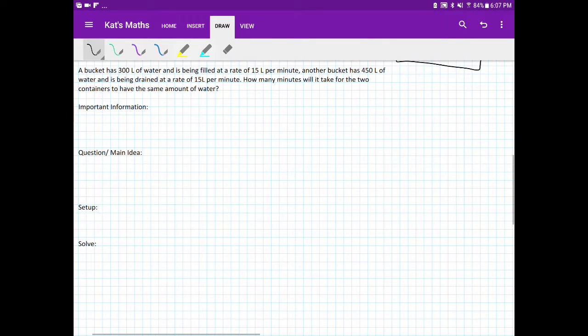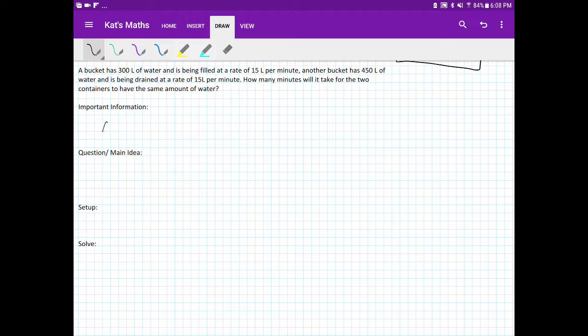Next, we have a bucket of water. It's got 300 liters in it, and it's being filled at a rate of 15 liters per minute. Then we have a separate bucket that has 450 liters of water, and it's being drained at a rate of 15 liters per minute. And it wants to know how many minutes it will take for the two containers to have the same amount of water. So again, we have some important information.